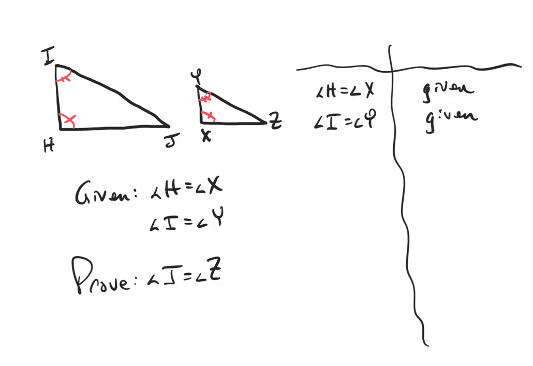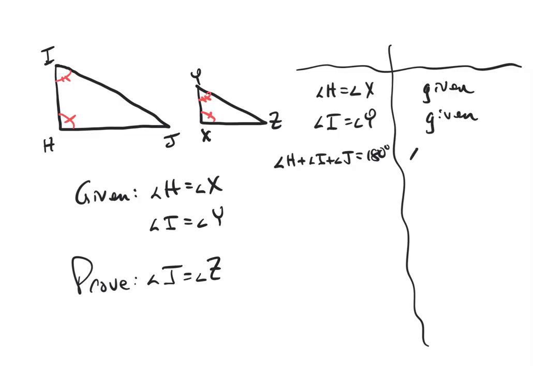Now what we could do is we could say that the sum of all three angles in the first triangle, H plus I plus J, would add up to 180 degrees. Why do we know that's true? Why is H plus I plus J equal to 180 degrees?